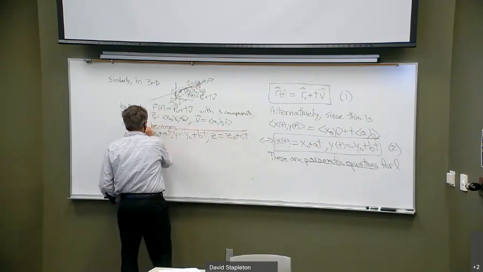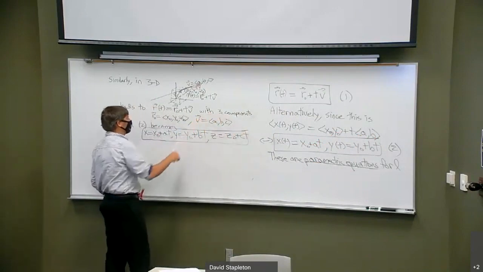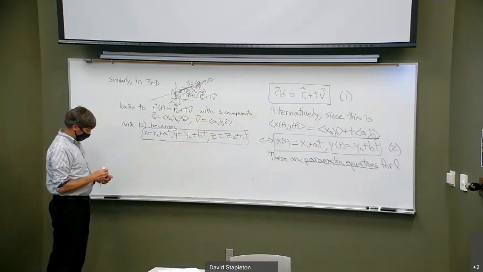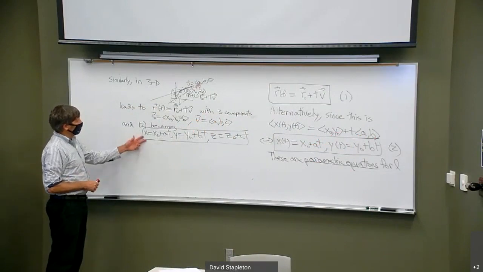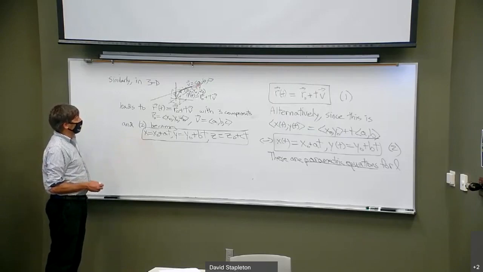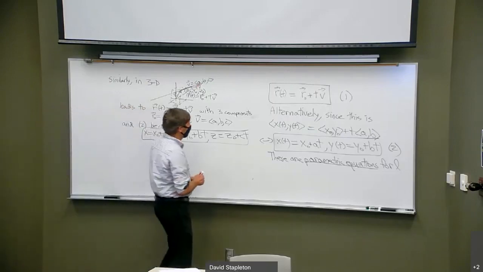So in 3 dimensions, you just have one more component in the vectors and one more equation in the parametric form. But now you've got a great thing here, because lines were hard to do in 3 space. This makes them very easy. So we can call this 2b.